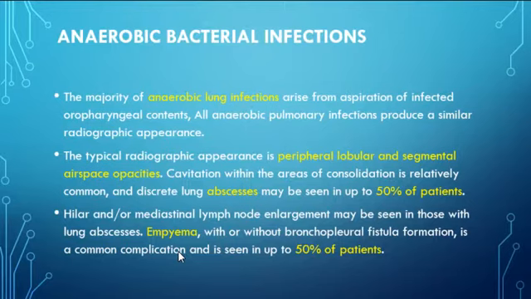Cavitation within the areas of consolidation is relatively common, and discrete lung abscess may be seen in up to 50% of patients. Hilar and mediastinal lymph node enlargement may be seen in those with lung abscess. Empyema with or without bronchopleural fistula formation is a common complication and is seen in up to 50% of patients.